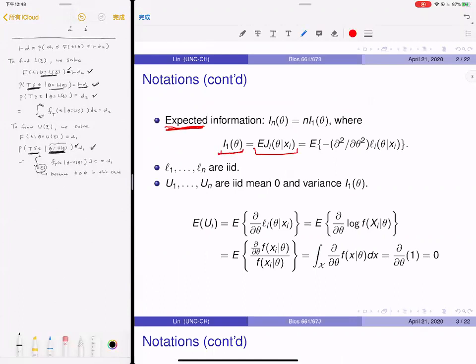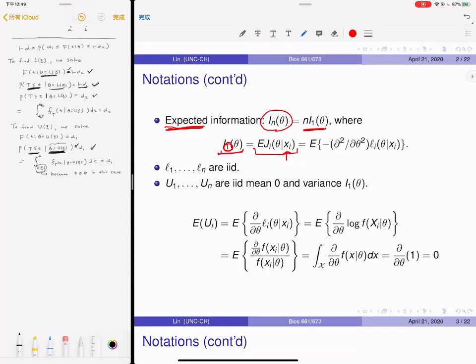This one is actually coming from the individual expectation of the J_i's. Because of the IID structure, every information's expected value is the same. Every individual means the same. So if I'm talking about the expected information from the IID sample, it's actually n times I1. That means it's the accumulation of the information from n IID subjects.